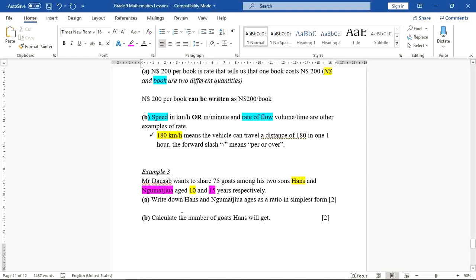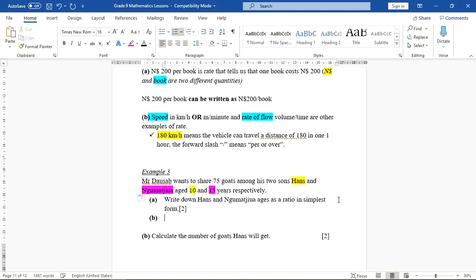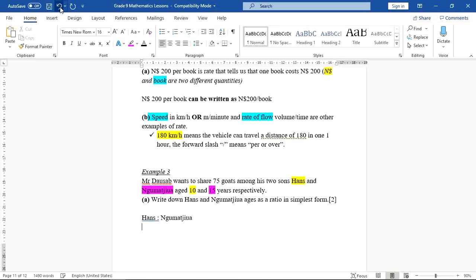Now part A says write down Hans and Gumashua's ages in a ratio in simplest form. So you just write down Hans to Gumashua, and then you write down their ages. Hans is 10 years old and Gumashua is 15 years old. And then you simplify.